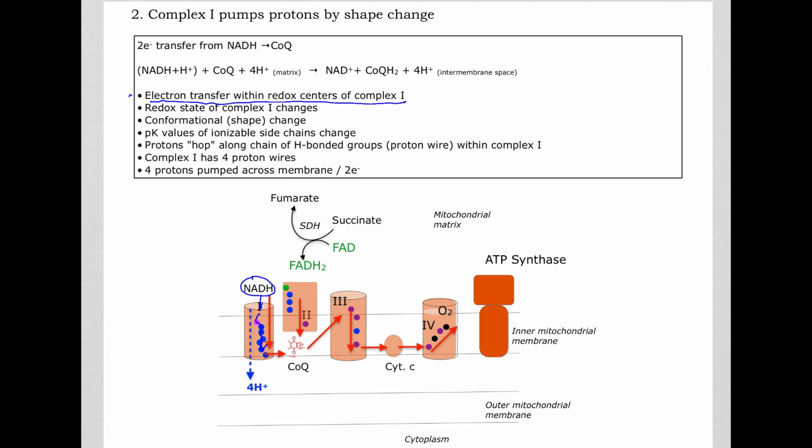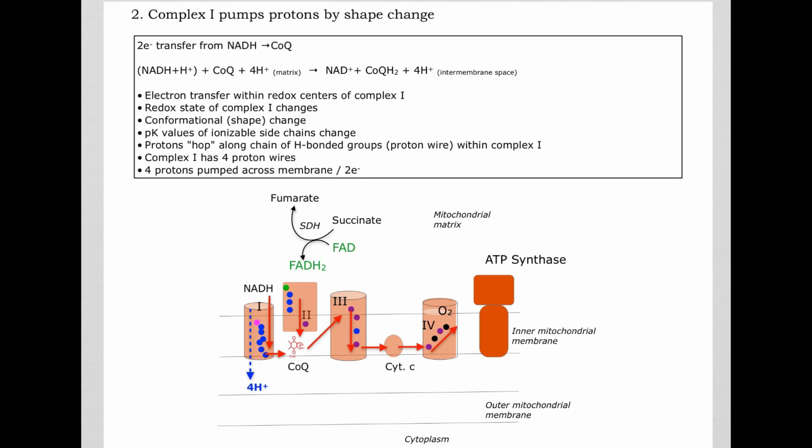These redox reactions will cause the redox state of complex 1 to change, and this change in the redox state will cause a conformational change in complex 1. Basically, the shape of complex 1 will change.